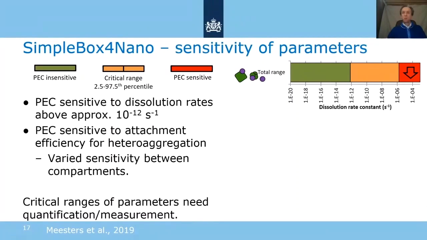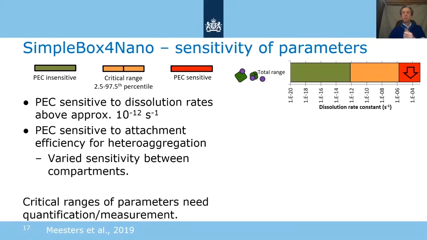So what Joris Meesters did, he just varied these parameters and looked at the change in concentration that gave. And he saw that for dissolution rates above 10 to the power minus 12, the PECs were sensitive for the total range of particulates, so bigger and smaller ones.